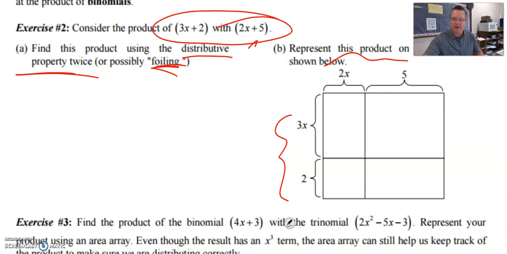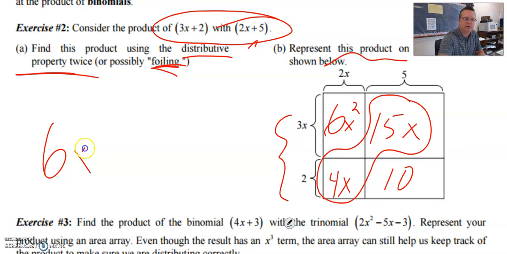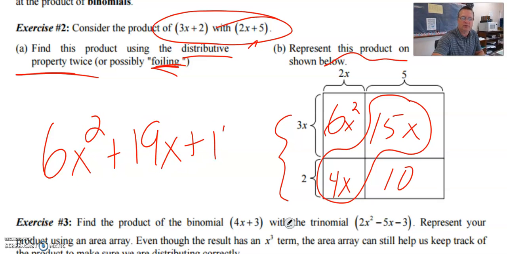You have 3x times 2x, which is 6x squared. 3x times 5 is 15x. 2 times 2x is 4x. And 2 times 5 is 10. I call this the peanut, right there. Those will usually combine. So we have 6x squared plus 19x plus 10.